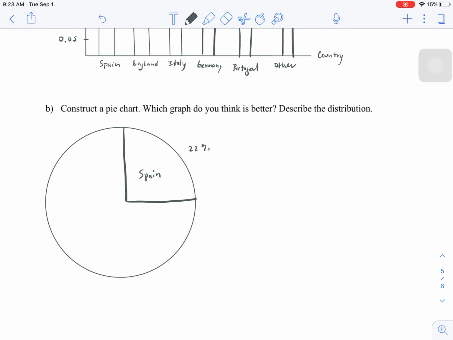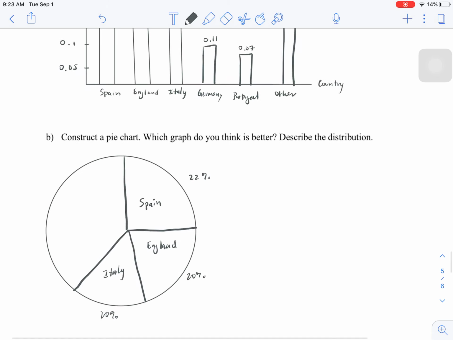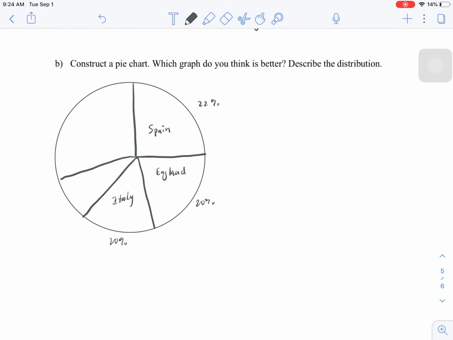Next, England and Italy each won 20% of the time. So these should be roughly equal sizes. Oops, Italy. And then Germany won about 11% of the time, so about half the size.